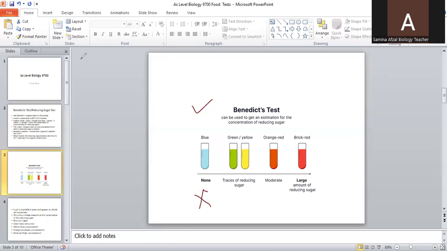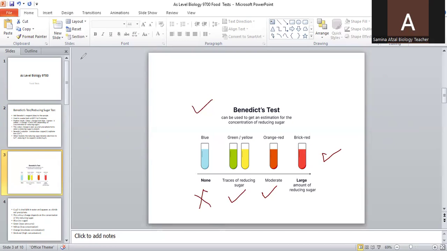When the orange color is there, then the moderate concentration of reducing sugar is present in that solution, and brick red color shows that a large amount of reducing sugar is present.